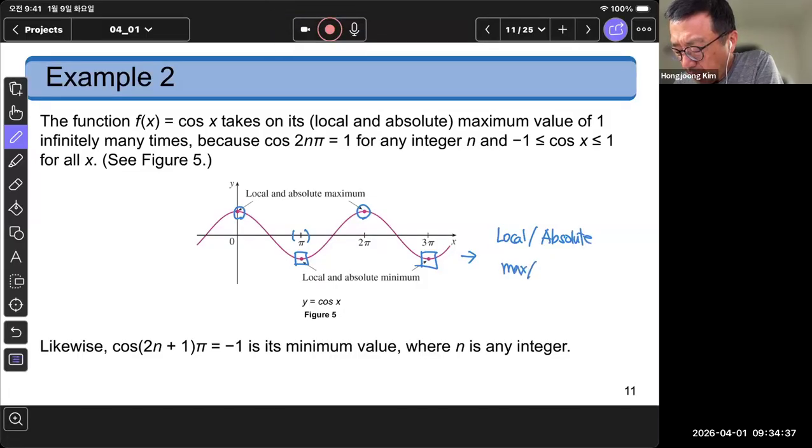So you may have multiple absolute maximum or multiple absolute minimum values.